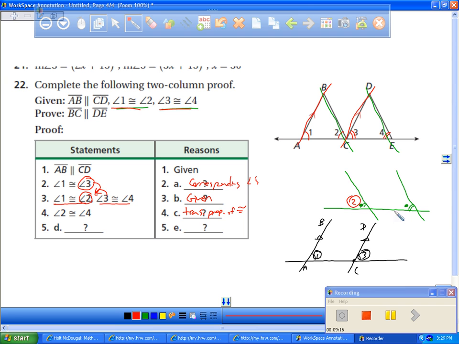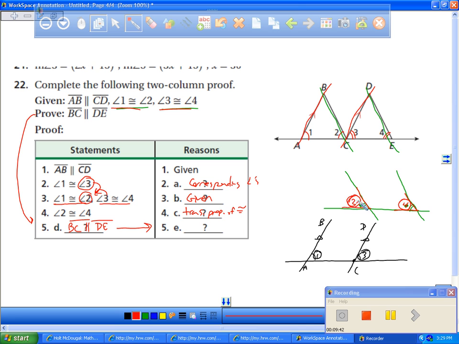There's angle 2. And here is angle 4. So, what kind of angles are 2 and 4? Well, aren't they also corresponding? Yeah. So is that enough to prove that they are parallel? BC parallel to DE. And why would those have to be parallel?